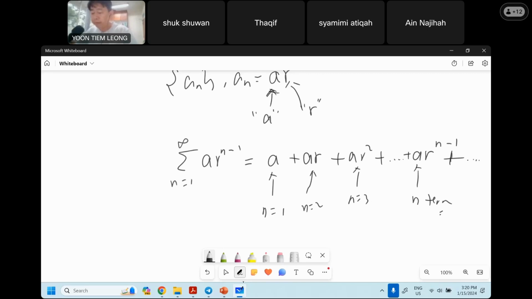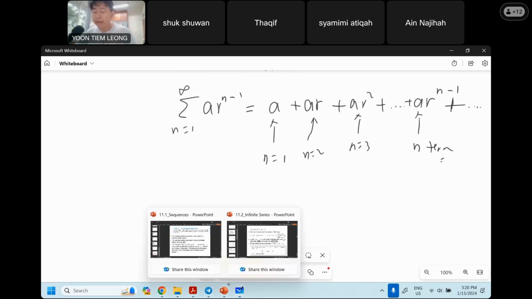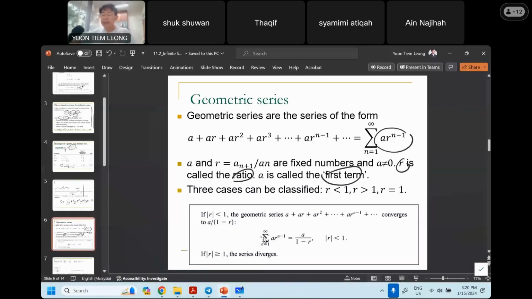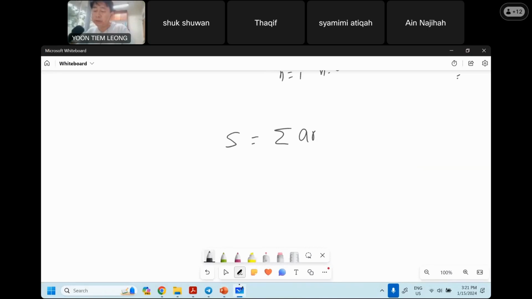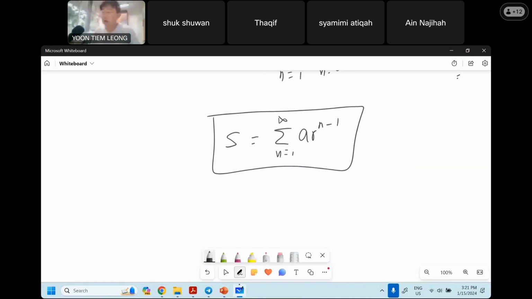With the infinite series defined as such, you can easily ask a very simple question. What is the limit of the geometric series given in the form of the sum of r raised to n minus 1, where n runs from 1 to infinity? This is a very typical example of asking for the limit of a series.